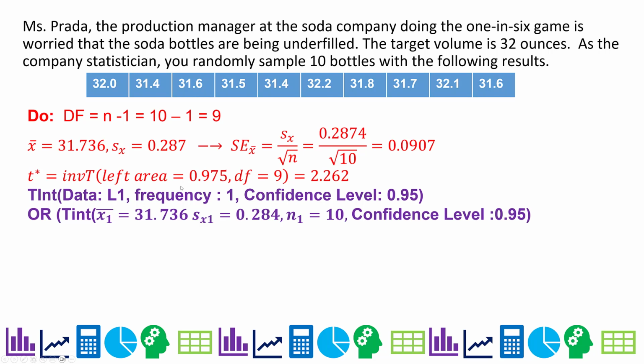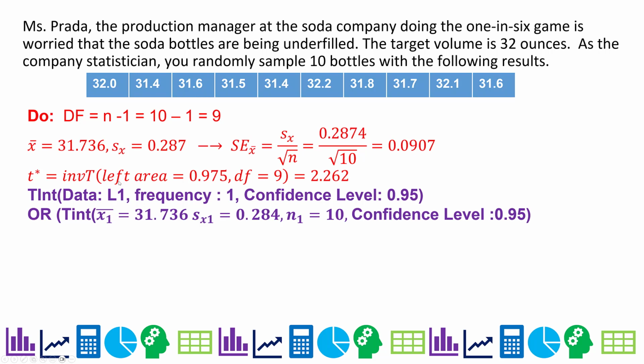So now we can fill it in. We have our degrees of freedom. Since it's one sample, this is easy to calculate. It's your sample size minus 1, so it's 9. There's our x bar from one var stats. Here's my standard deviation of the sample, and I can calculate my standard error for my sampling distribution. So I take 0.2874 divided by the square root of 10, and there it is.